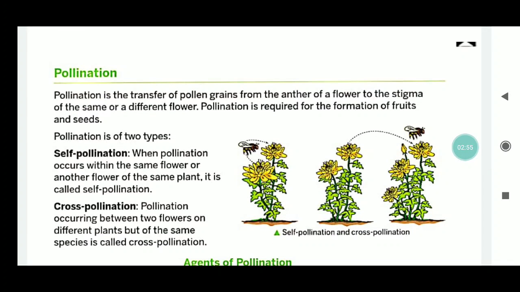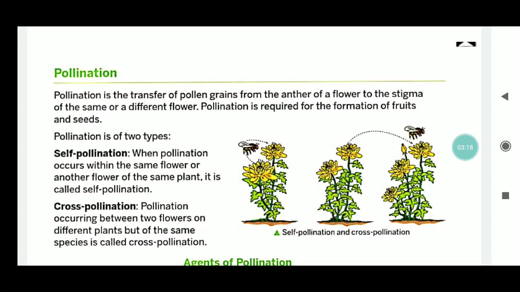Suppose pollen from the anther of one flower falls on the stigma of another flower of the same plant. There self-pollination occurs.